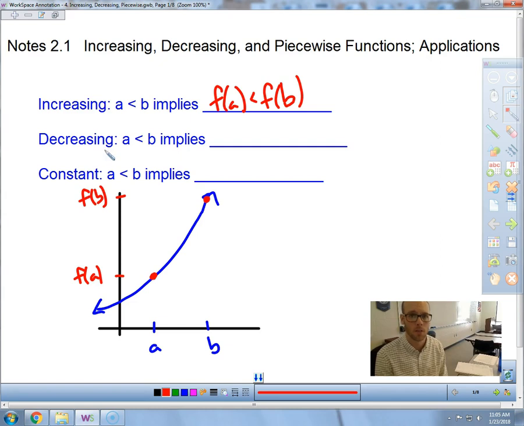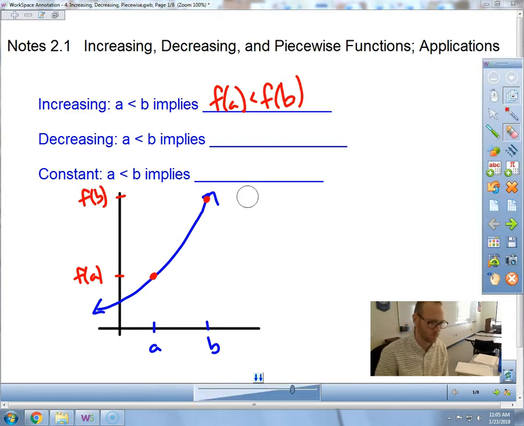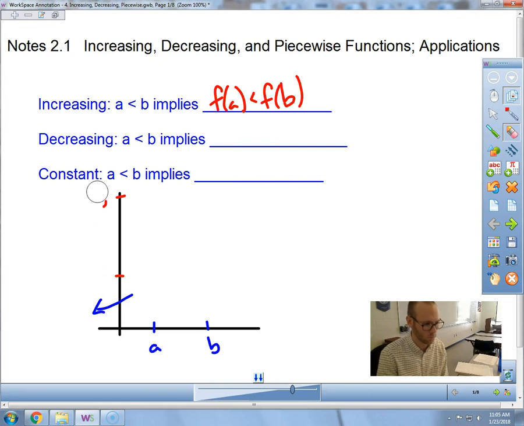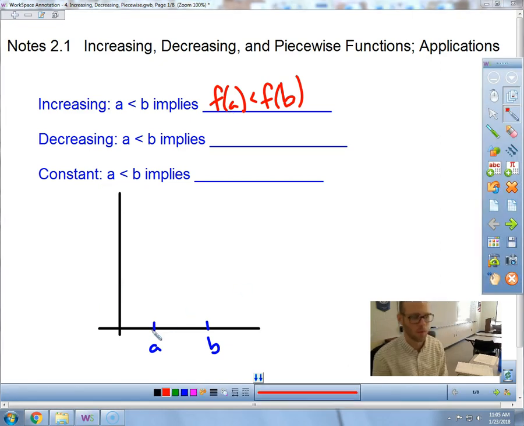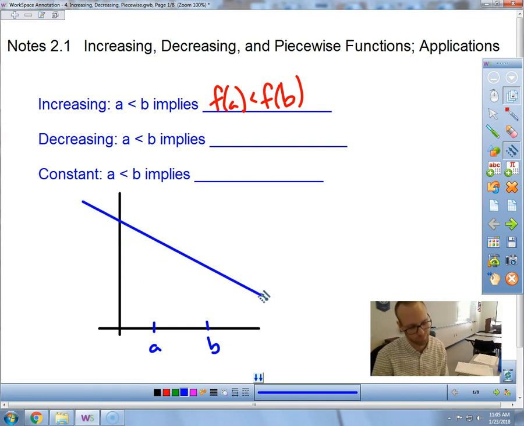How about decreasing? We still have a is less than b on the x-axis. Now we're going to draw a decreasing function. Maybe our decreasing function is a line. Looks like that.